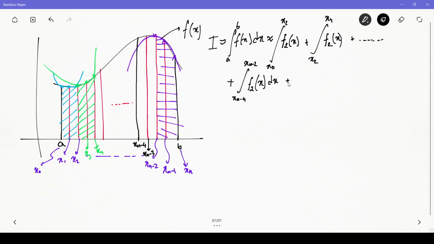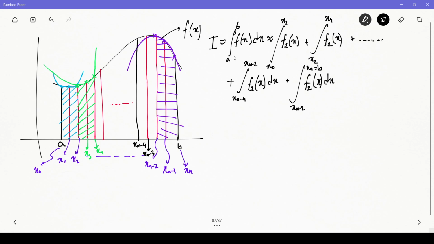And for our last segment, it looks something like this: another integration of another second order polynomial with respect to dx, between the ranges x of n minus 2 to x of n, which is practically b, right?